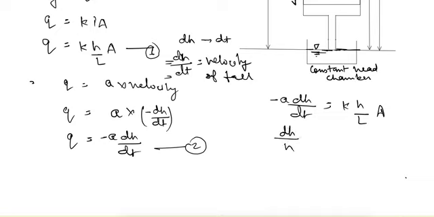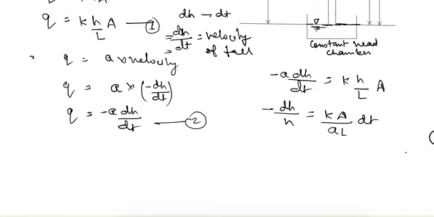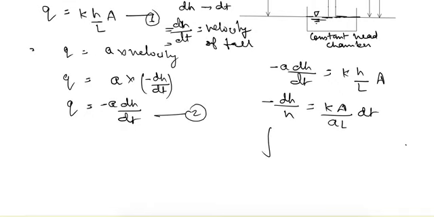dh upon h will be equal to k A upon small a times L, this minus, into dt. Now if we integrate both sides, so minus dh upon h equal to kA upon aL dt.